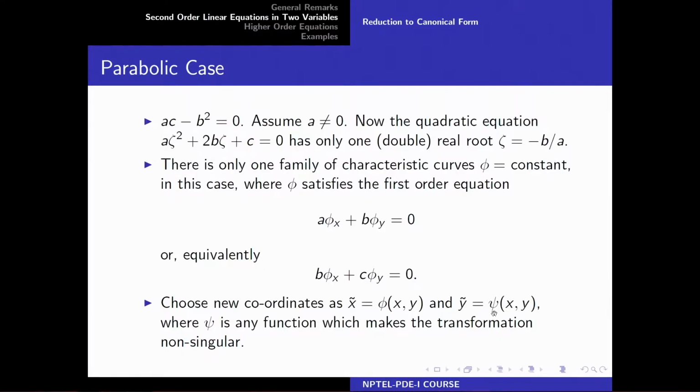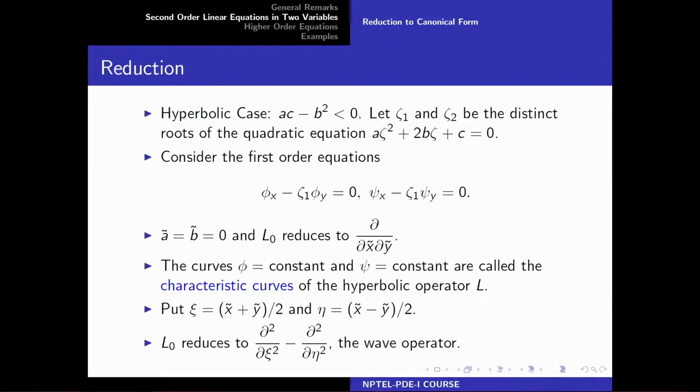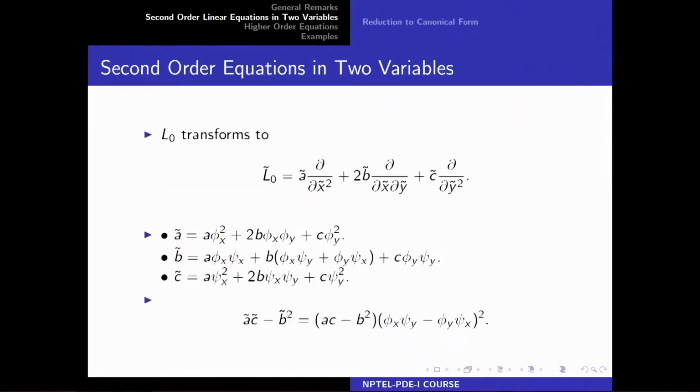So, we could now only find one function, okay, but now we can choose any other suitable function that makes this transformation non singular. And now you observe these two equations and again go back and see, this is important again, a tilde b tilde. Okay. This time psi is arbitrary for us for the time being, we have only phi. Okay.